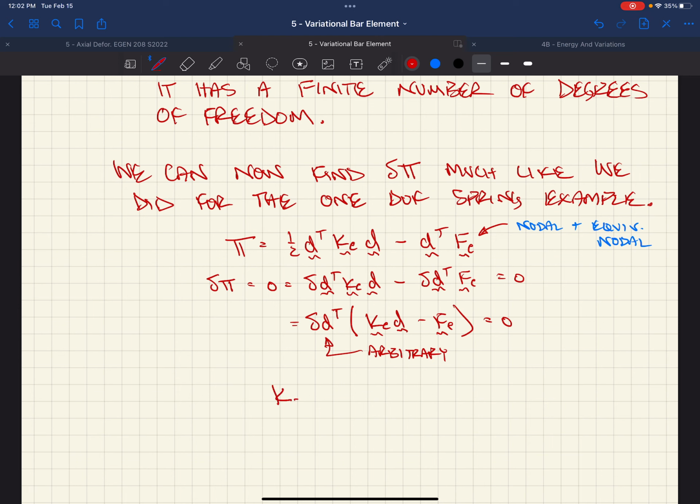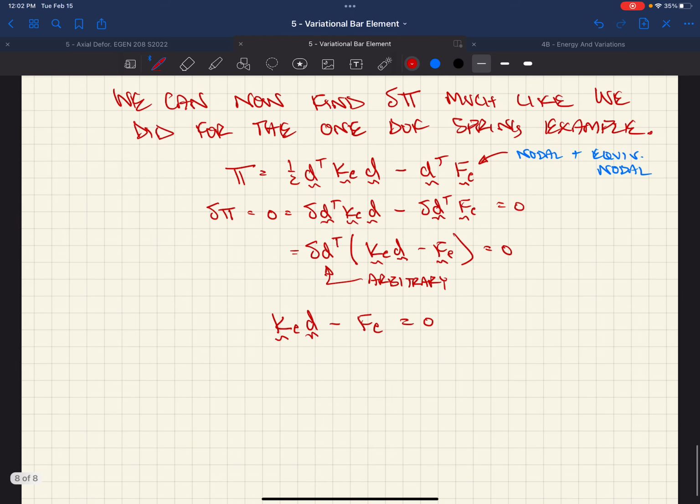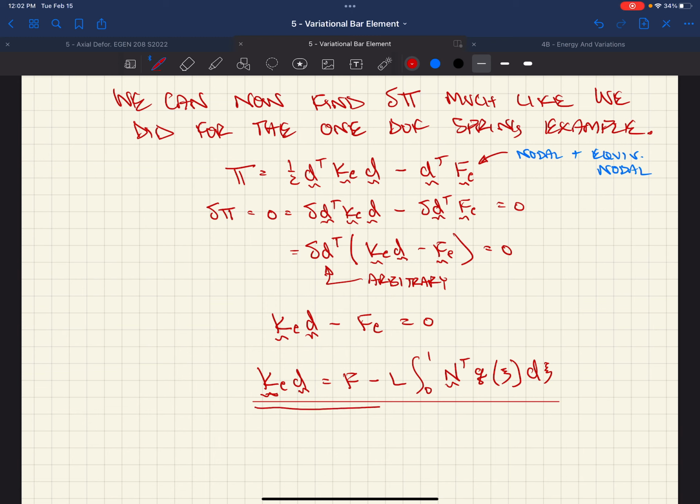So we're going to say that our element stiffness matrix times the displacement minus f sub e must equal 0, or we get k sub e d equals f minus L integral 0 to 1 N transpose q sub natural coordinate d xi, and we get our governing equation for our bar element.